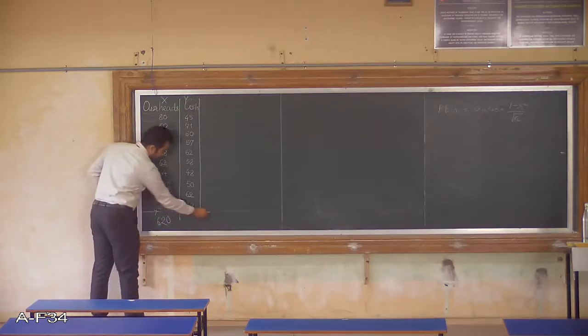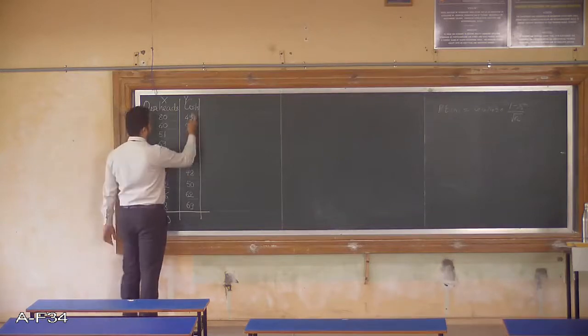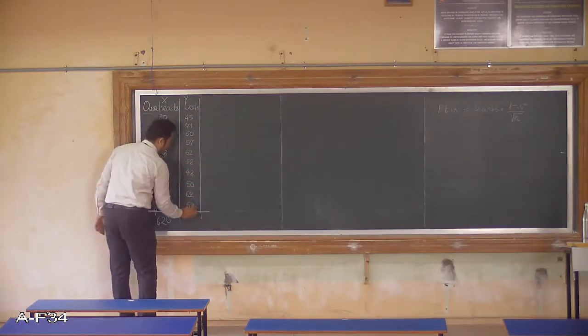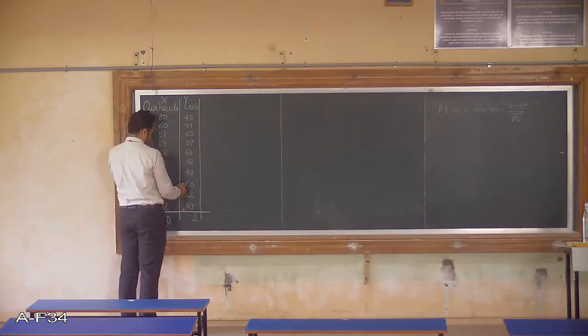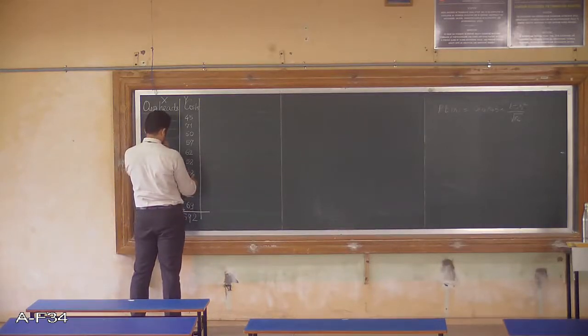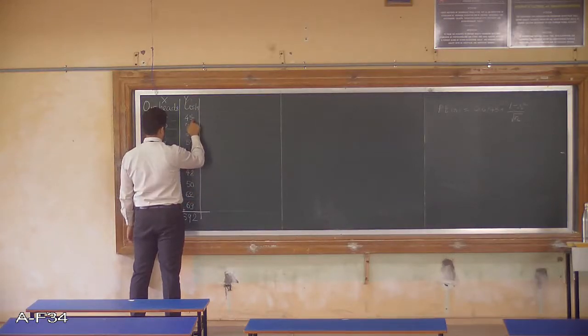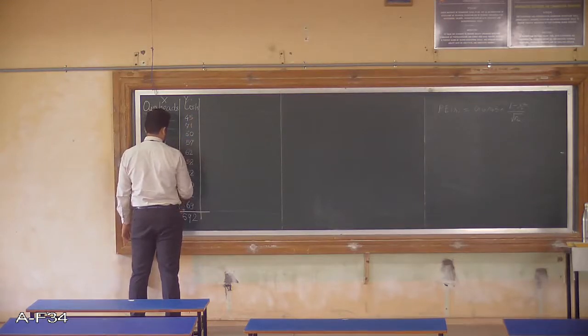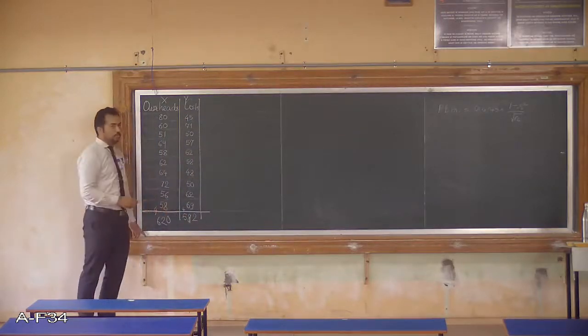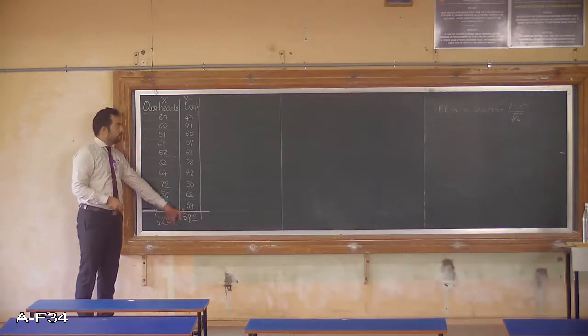Six two zero is the total of all the values in x, and for y, 620 is the summation of x and 582 is the summation of y.